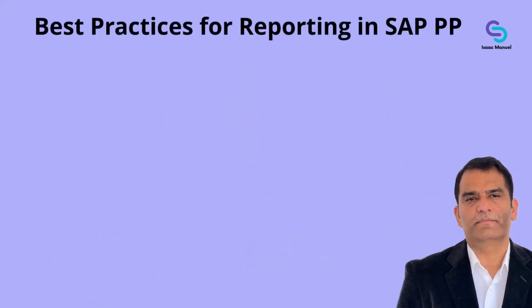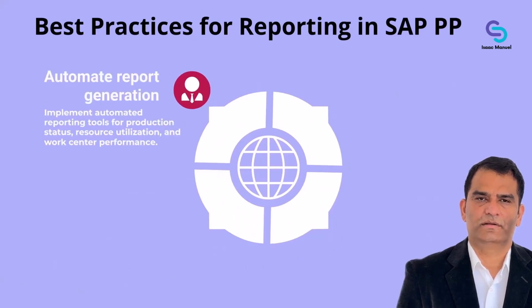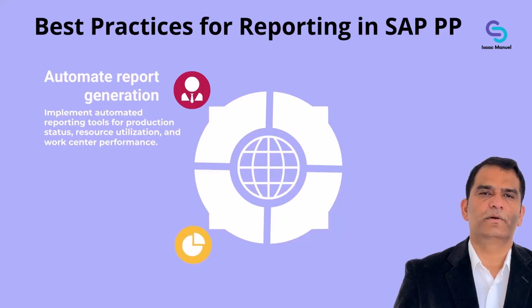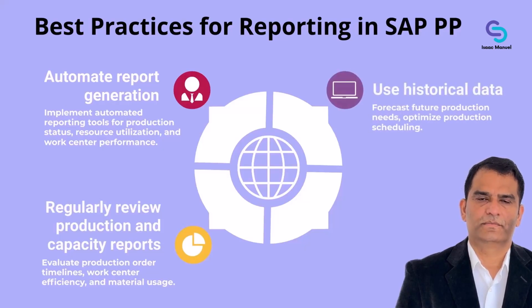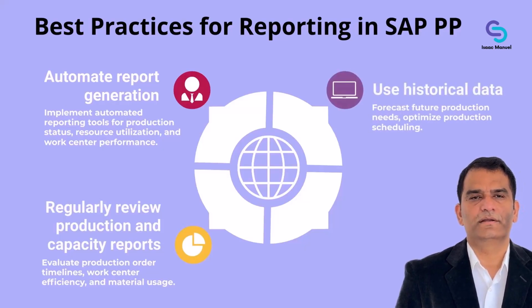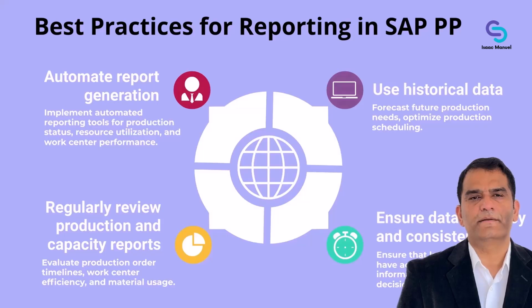To maximize the benefits of SAP PP reporting, businesses should automate report generation to gain real-time insights into production status, resource utilization, and work center performance. Regularly reviewing production and capacity reports helps evaluate production order timelines and efficiency.